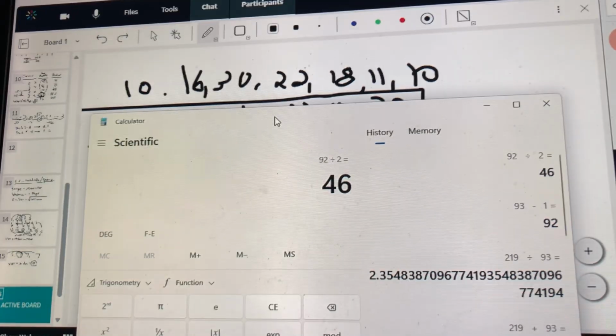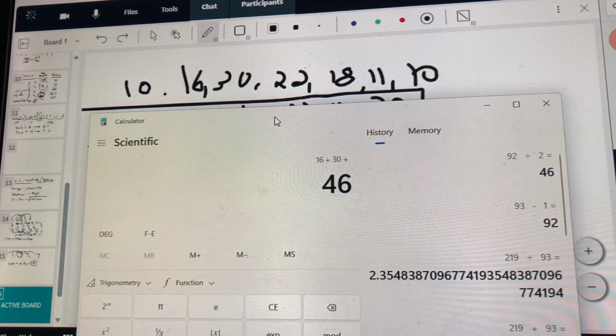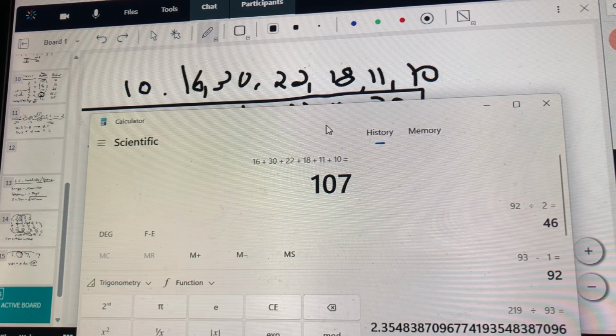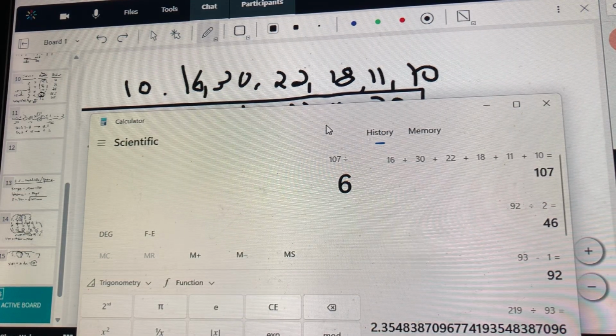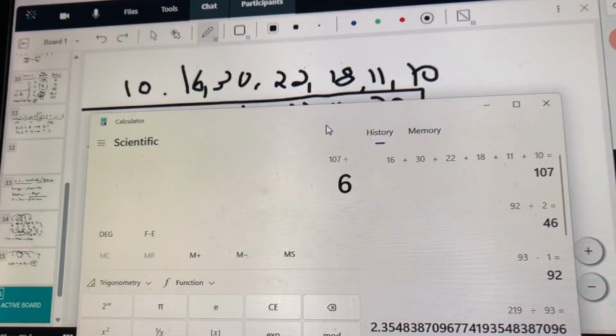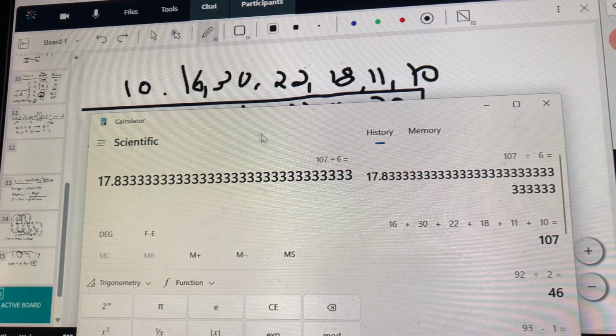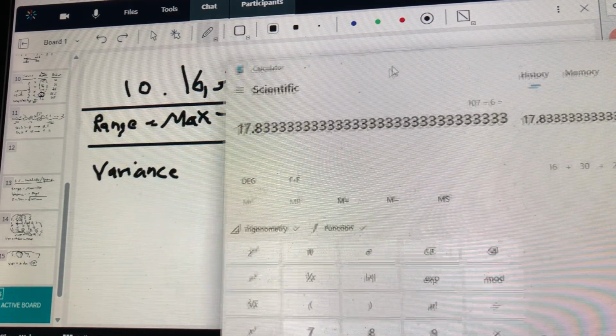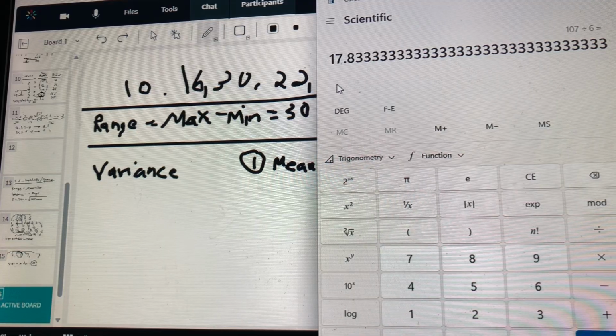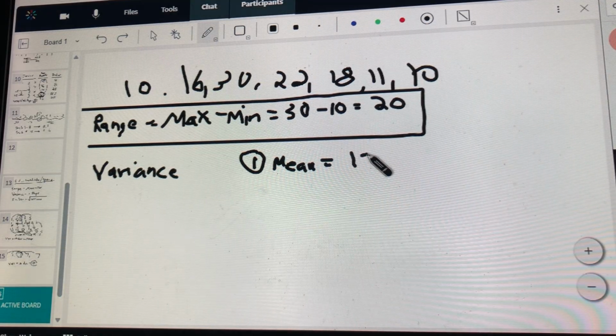Take the original numbers, 16 plus 30 plus 22 plus 18 plus 11 plus 10, and since there's 6 of these, you divide by 6. Now, unfortunately, if this doesn't come out exactly, then this gets really messy, because you don't want to round too soon. So 17.8333, I'm going to put at least 4 decimals here.